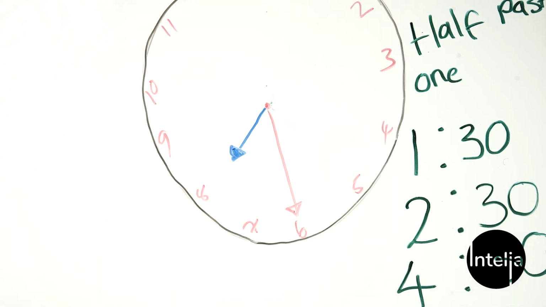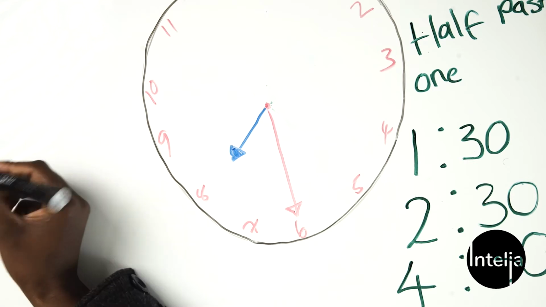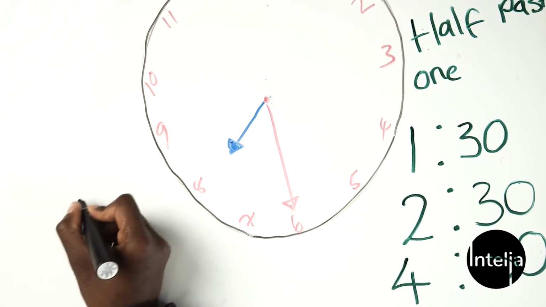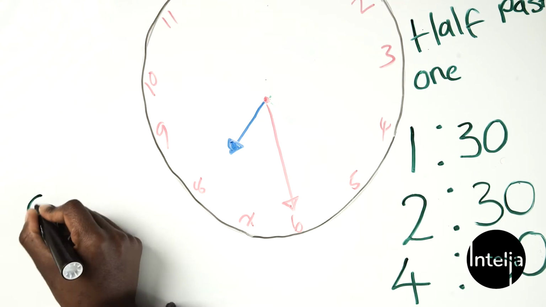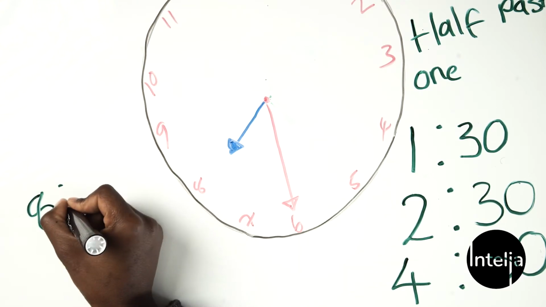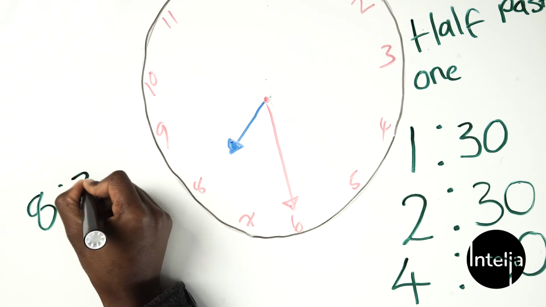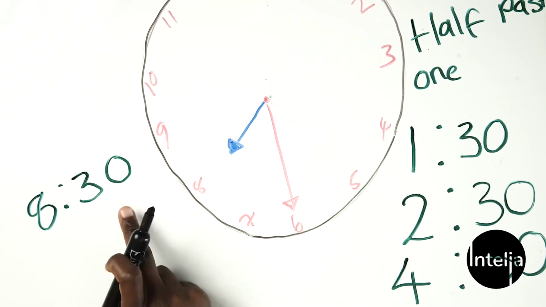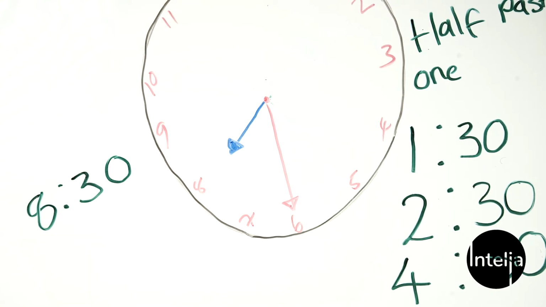So it's 8:30. You see, like this. So you write it like 8, dots, 3 0, like this, 8:30. So basically this is how you write your half past each and every time.